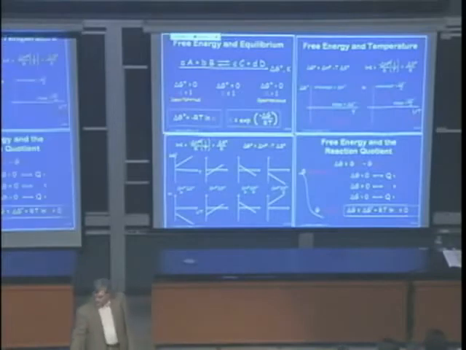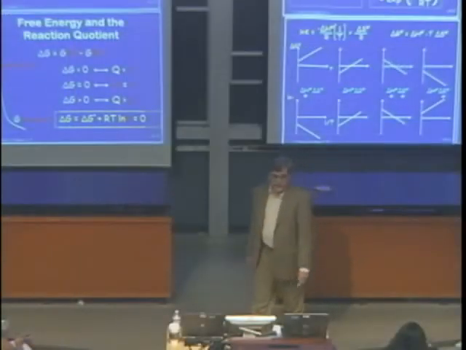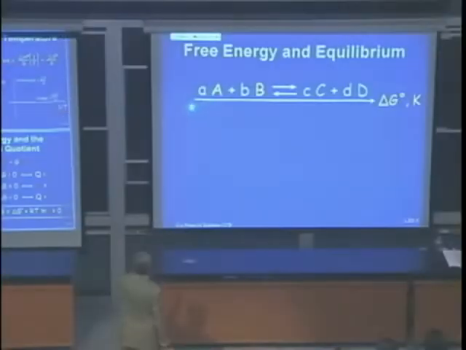So today, we're going to connect the free energy and the equilibrium constant. So we talk further about equilibria, and we will look at the reaction a moles A plus b moles B gives c moles C plus d moles D. So these are our products, and these are our reactants. And we've done this now many times.